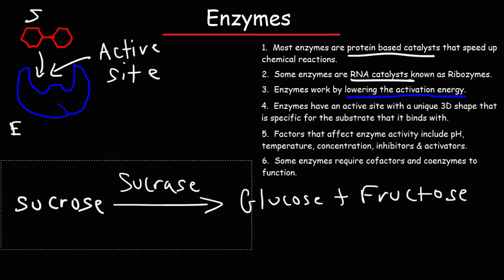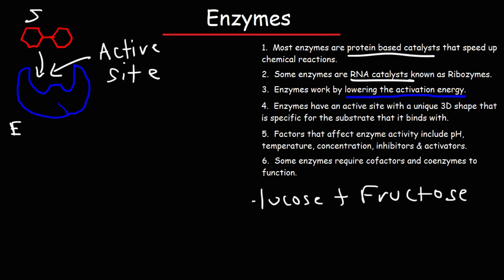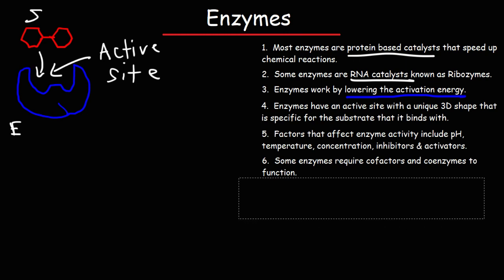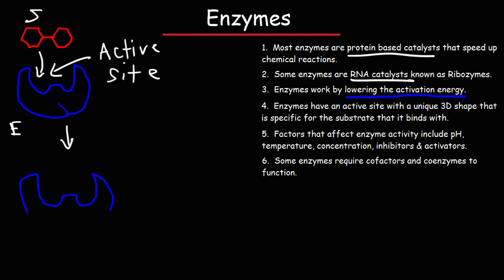Now let's get rid of this. I'm always running out of space here. So once the enzyme combines with the substrate, we're going to get something called an enzyme substrate complex, abbreviated ES.